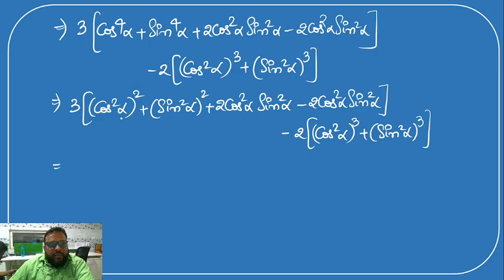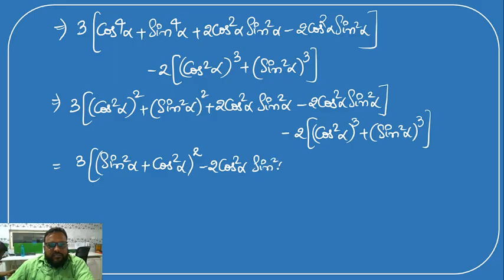So this is a square plus b square plus 2ab. So 3 into, I can write this as cos square alpha plus sin square alpha, or vice versa, whole square, minus 2 into cos square alpha sin square alpha. This remains as it is here, minus 2 into now a cube plus b cube, that is a plus b whole cube minus 3ab into a plus b.